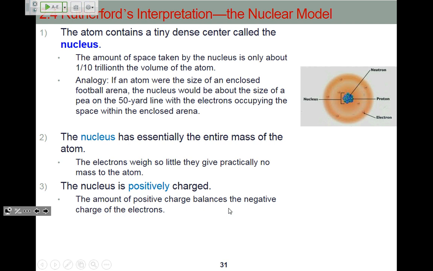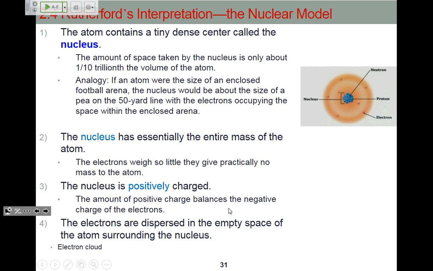And we actually know that our electron mass doesn't contribute to the mass of our atom. We also know the nucleus is positively charged because it balances the negative charge of the electrons. So if we have a neutral atom, whatever charge total of our electrons, that's how much positive charge we have to have in our nucleus. And of course, we'll be utilizing that when we actually start looking at the atoms and talking about how many electrons, protons we have.